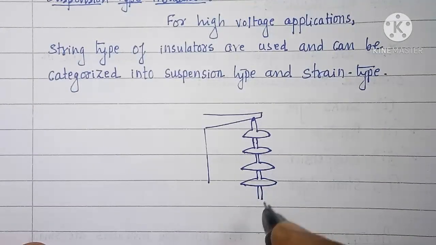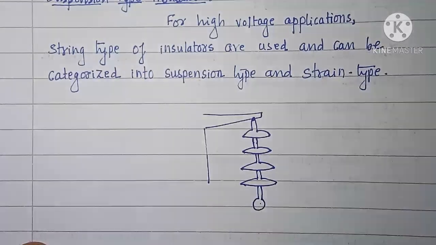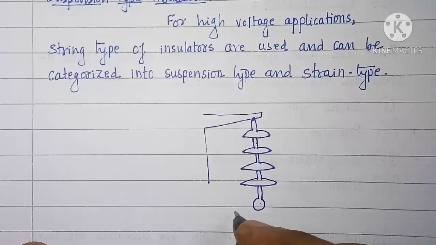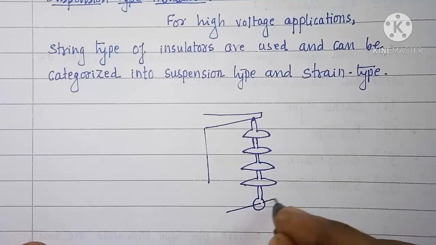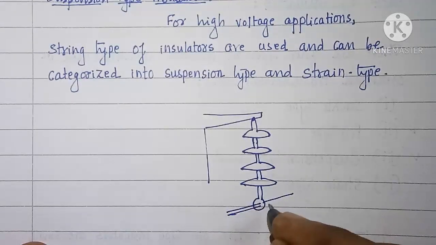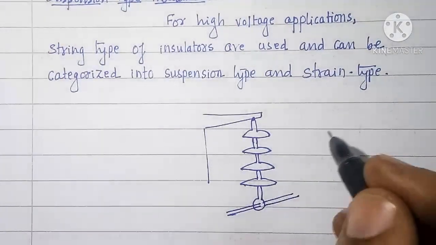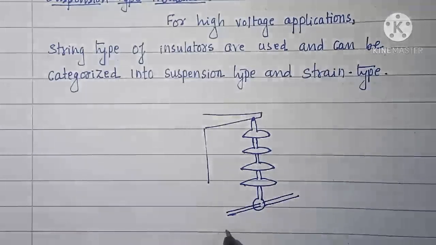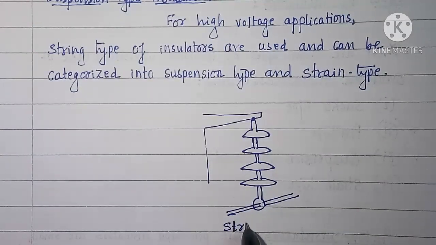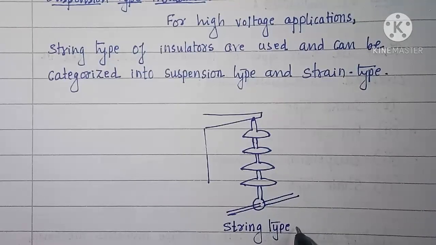And to the last one, a clamp is connected through which the conductor passes. Such an arrangement is called a string type insulator.